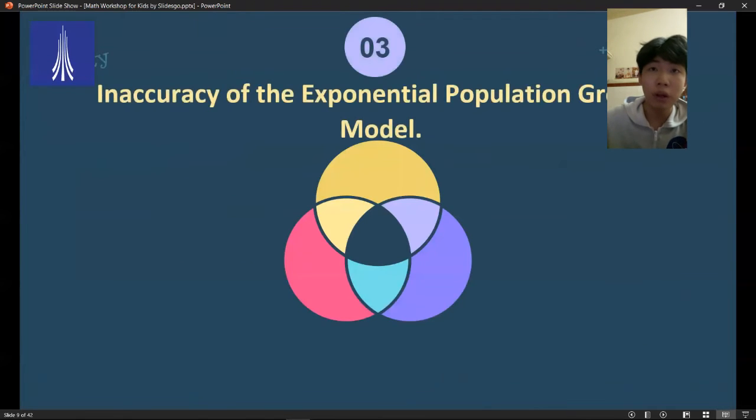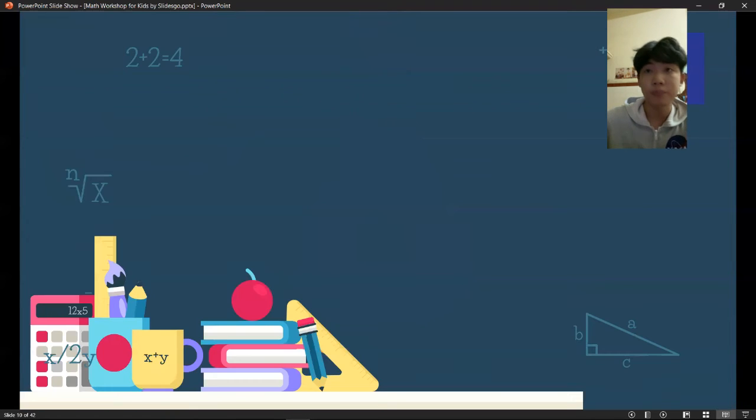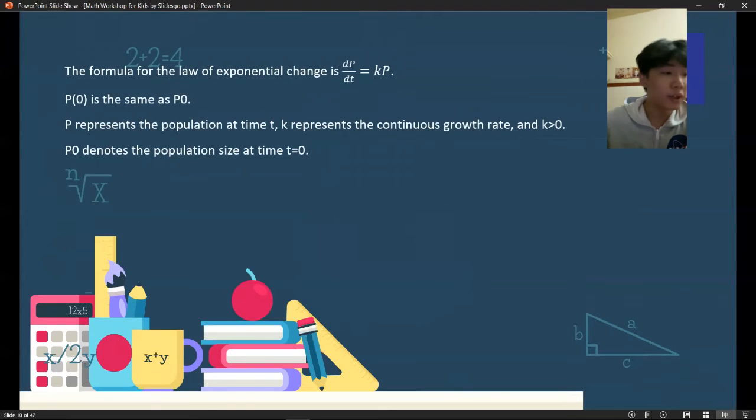So moving on to the third part, which is the inaccuracy of the exponential population growth model. The formula for the law of exponential change is dP over dt is equal to kP, where P represents the population at time t, and k represents the continuous growth rate, and k is always greater than 0. P0 denotes the population size at time t equal to 0.